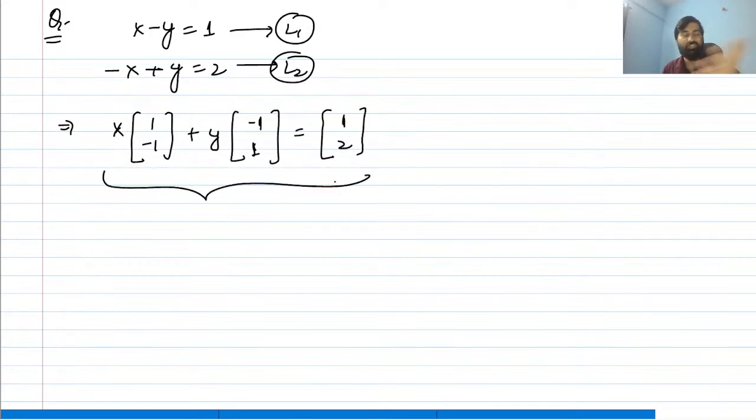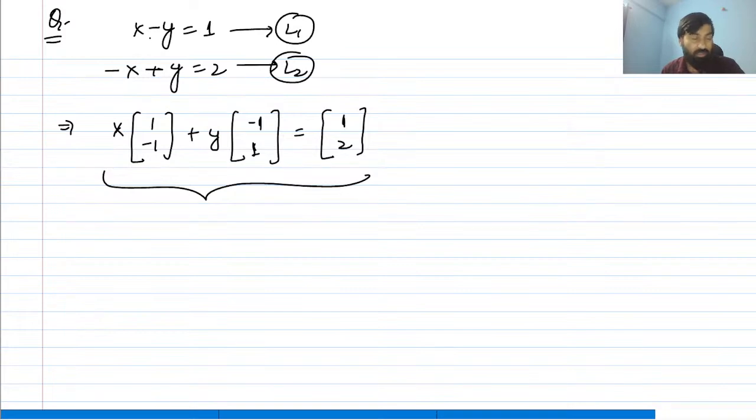This is the vector interpretation, the linear combination of these. If you solve these two equations, what kind of solution will we get? Can you comment in the chat box? The values of x and y.